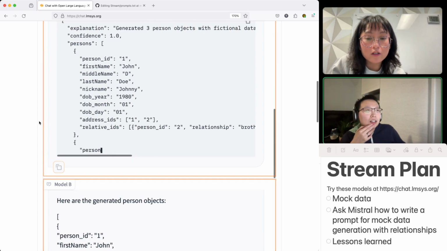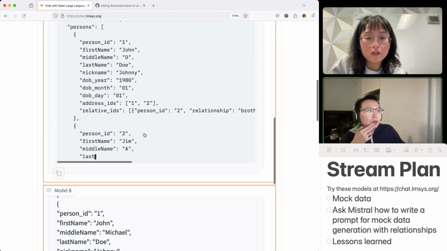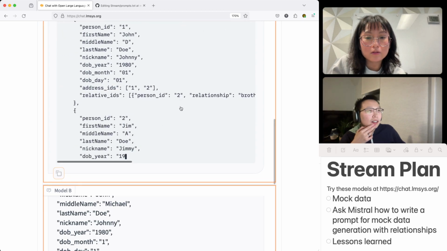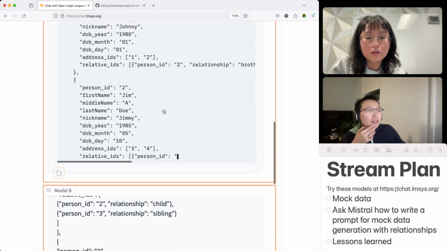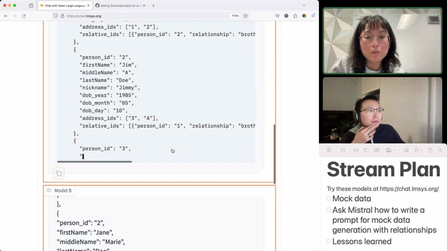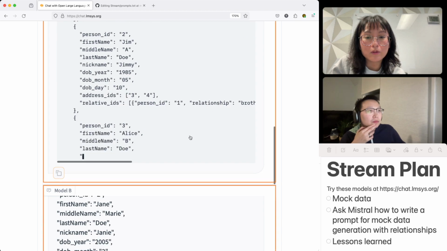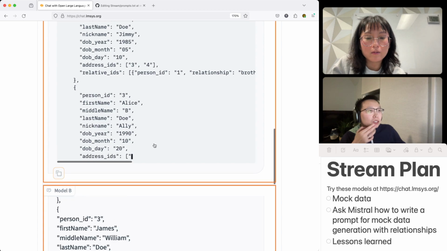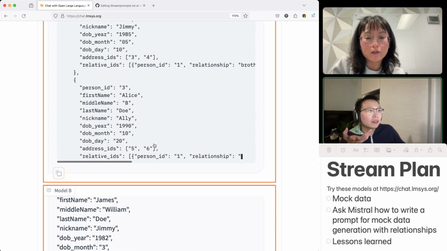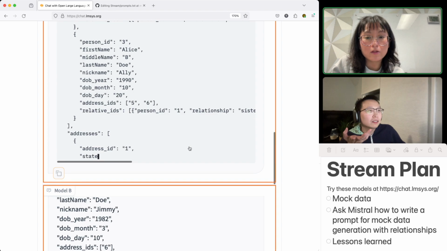Let's see if this one has two. It's just brother. It has one brother. Two is the brother. One is the brother. That's good. Three is herself. Three is sister.